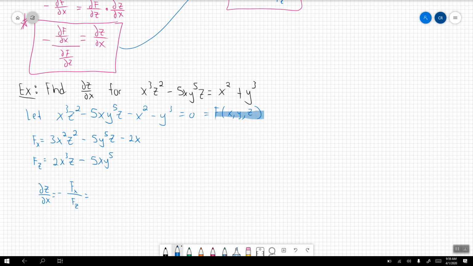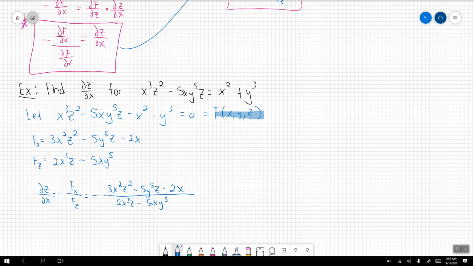All right, partial with respect to x, remember the negative. And this is going to be 3x squared z squared minus 5y to the 5th z minus 2x, all divided by the partial with respect to z, which is 2x cubed z minus 5xy to the 5th. So you can double check this.